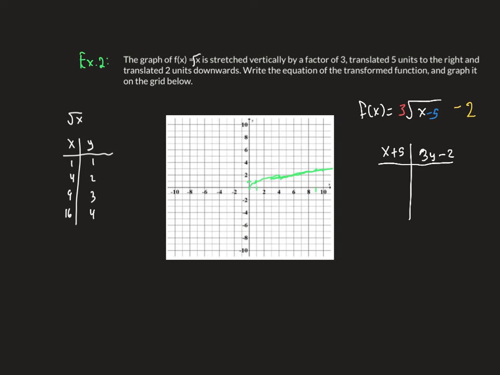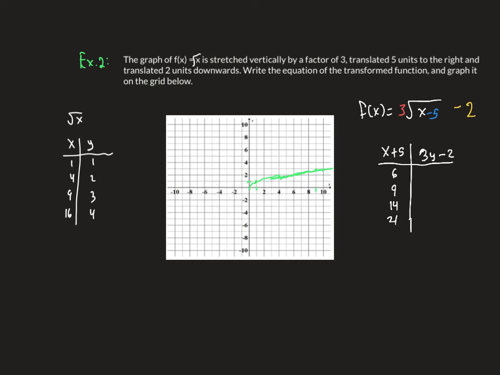Okay, so you take your originals and you plug them in. So you have 1 plus 5, which is 6, 4 plus 5, which is 9, 9 plus 5, which is 14, and 16 plus 5, which is 21. These are my new x values.